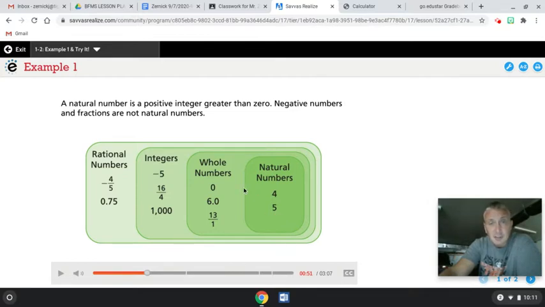So there's a little bit of a discrepancy between who your teacher is and what standards they want you to know. So don't panic if you say, hey, 0 is a natural number. In our case, we're not learning it to be, but in other mathematicians' case, it may be. Negative numbers and fractions are not natural numbers.